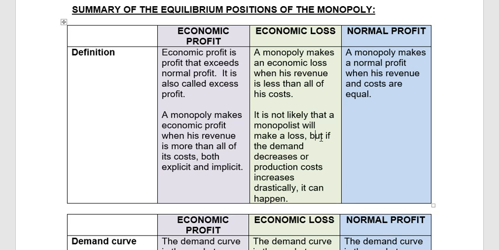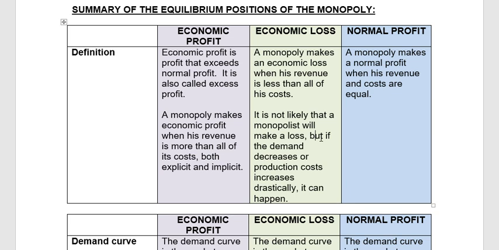Remember we said if, for example, his production costs increase drastically because he is more inefficient, because he's the only producer, the monopolist is inefficient, so he's not really producing at the lowest possible cost. If his production costs increase for whatever reason, or if the demand decreases to such an extent that it reduces his revenue, the minute that his revenue is less than his costs, and again with costs we mean explicit and implicit costs.